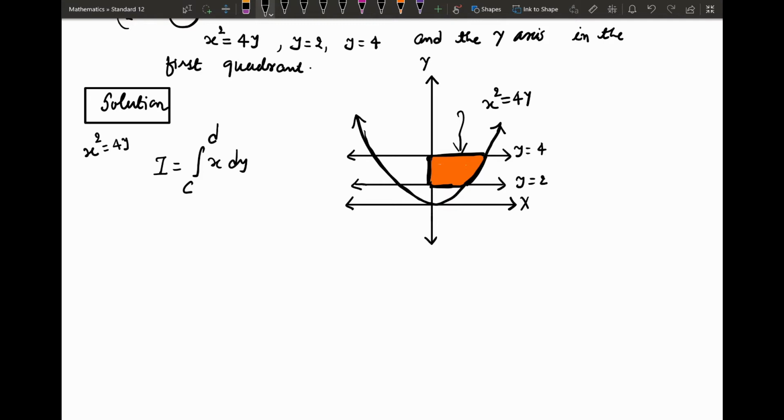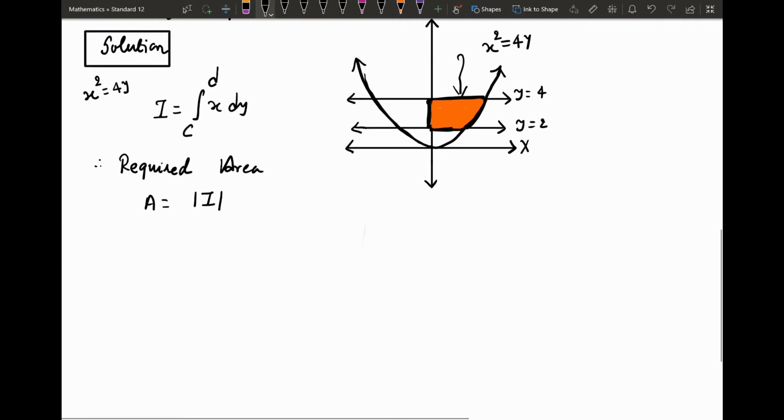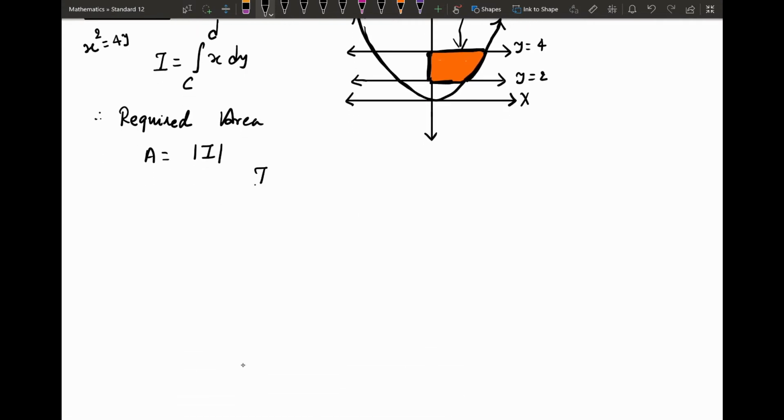So the required area A equals mod of integration c to d x dy.